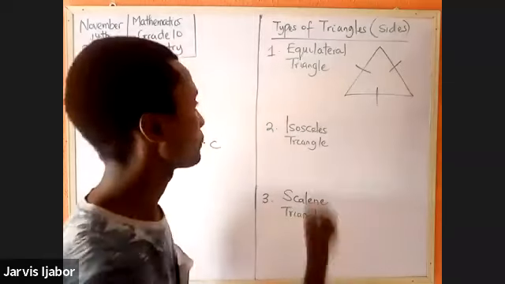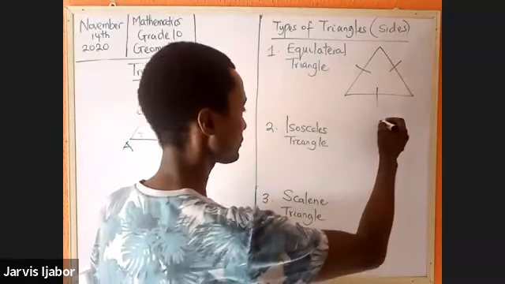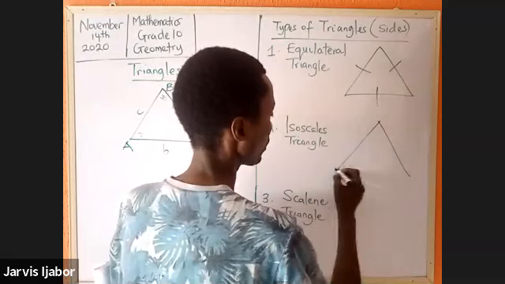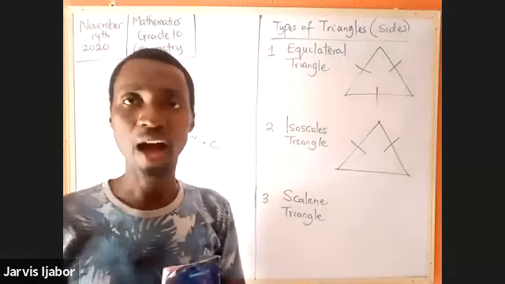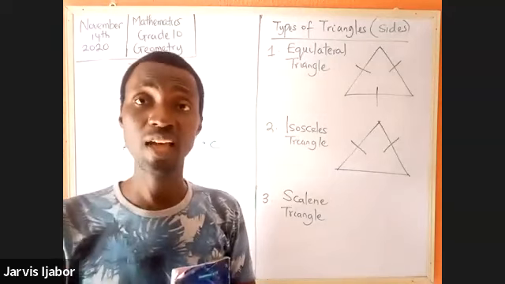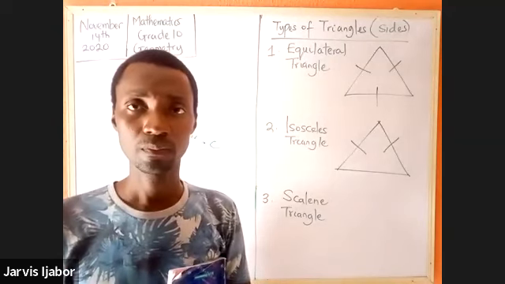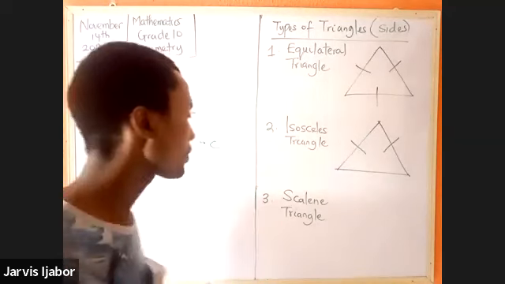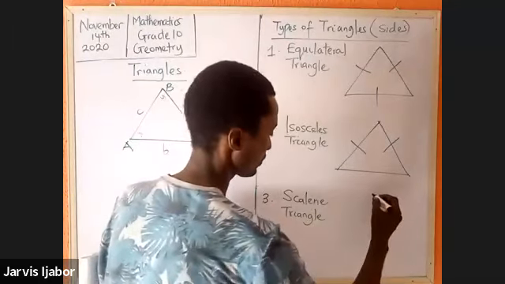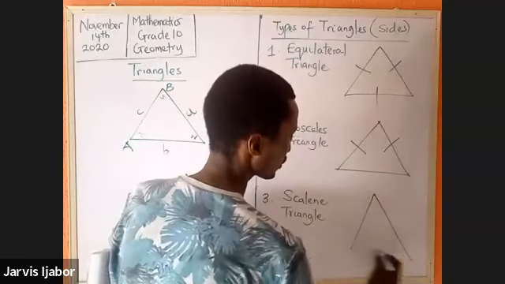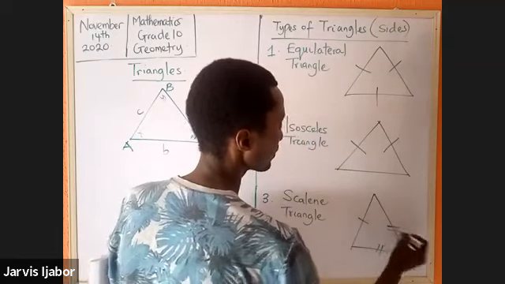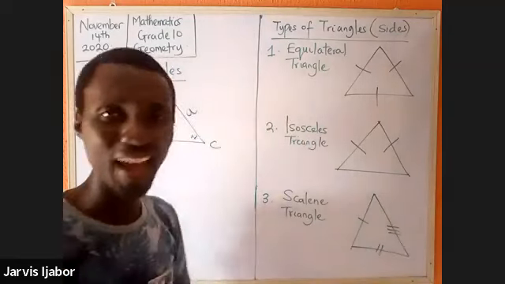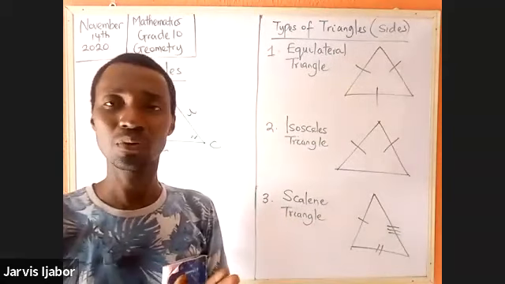Okay, so for isosceles, we have 2 sides that are what? Equal. And for scalene, we have a situation where no side or sides are equal.